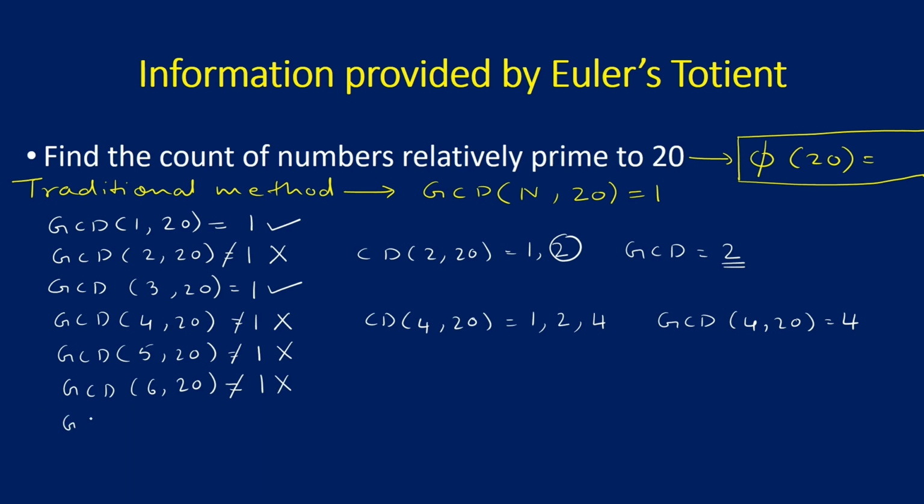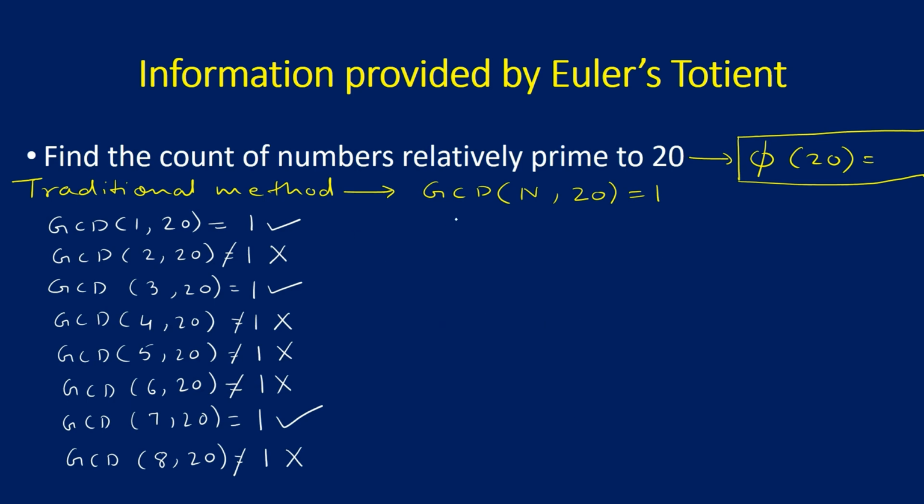What about GCD between 7 and 20? 7 and 20 can be divided only by one common divisor, which is 1, and hence 7 and 20 is co-prime. What about GCD between 8 and 20? So 8 and 20 share many common divisors other than 1, and hence since GCD between 8 and 20 is not equal to 1, they are not co-prime or relatively prime numbers.